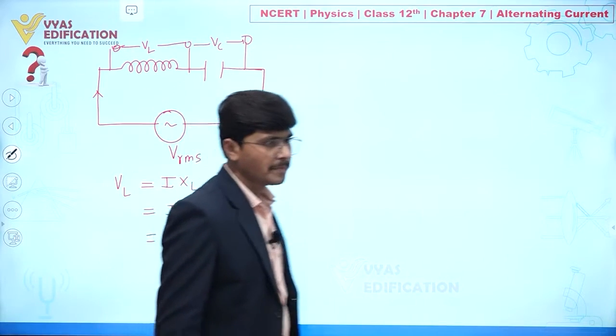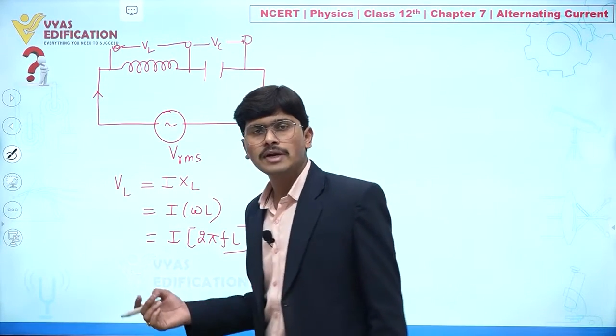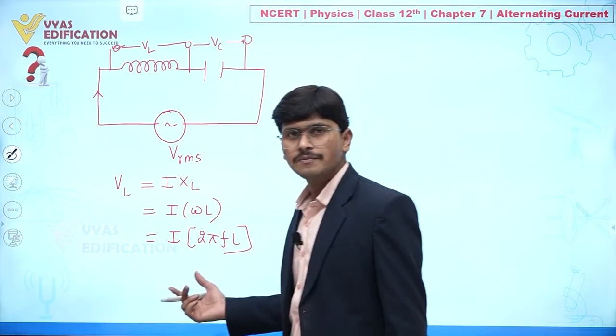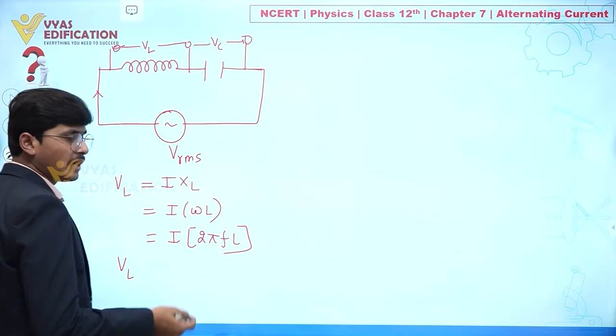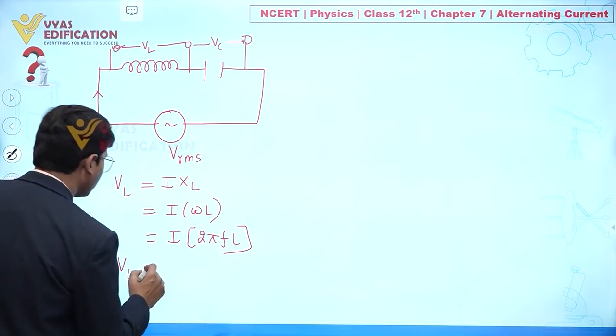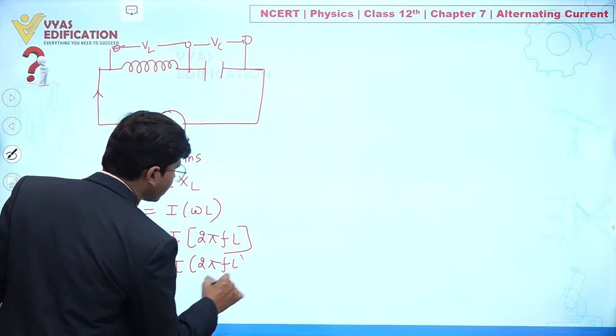Now listen very carefully. Whenever we are talking about AC current, we have a definite frequency. Clear? It means definitely we will find some value of voltage across this inductor. So this value is 2 pi f L. Clear?